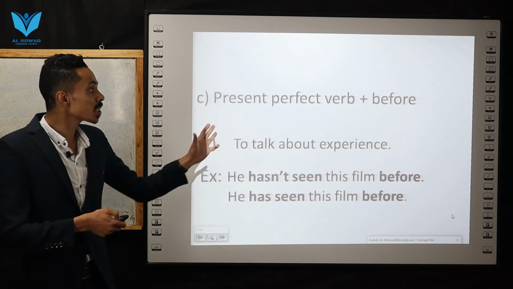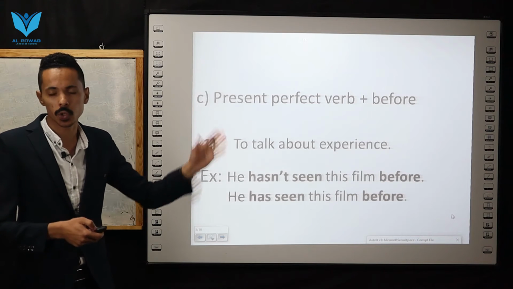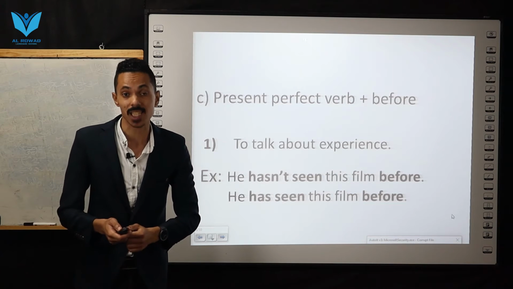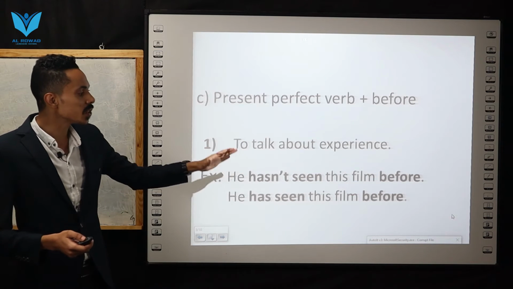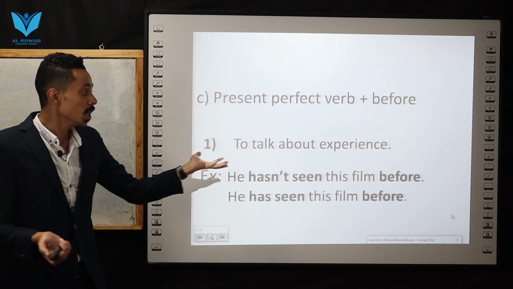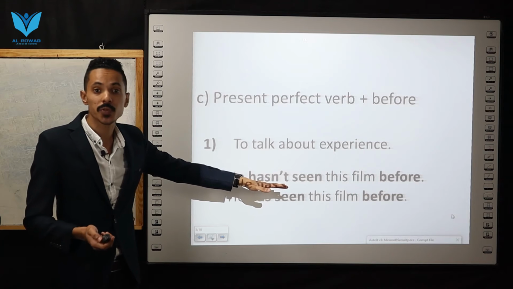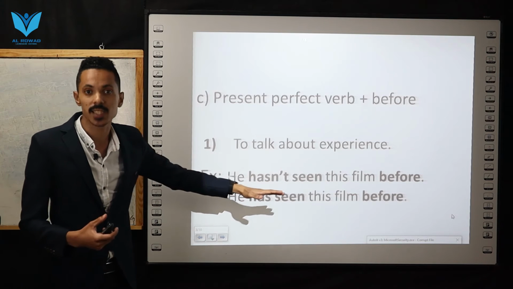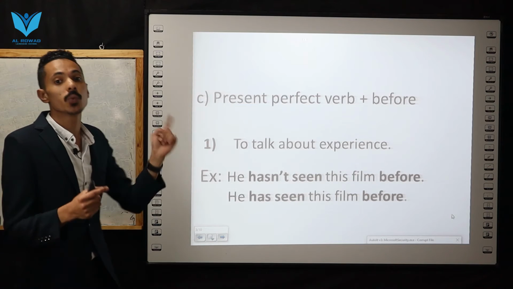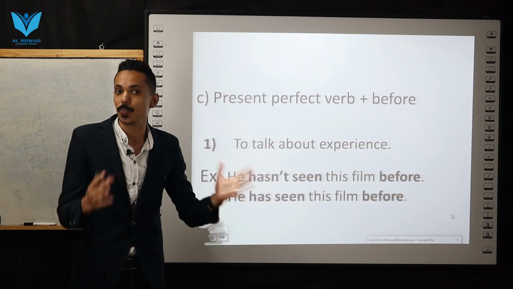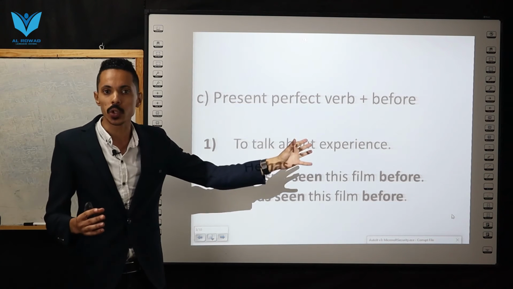After that, present perfect verb plus before. Also to talk about experience. Here, to talk about experience, he hasn't seen this film before. So, can you see here, this verb is affirmative verb or negative verb? Yes, it's a negative verb. So also, if you want to talk about negative experience, you can use before.